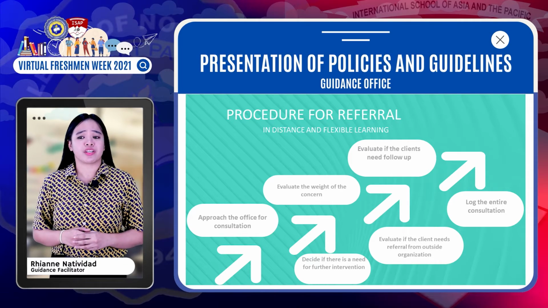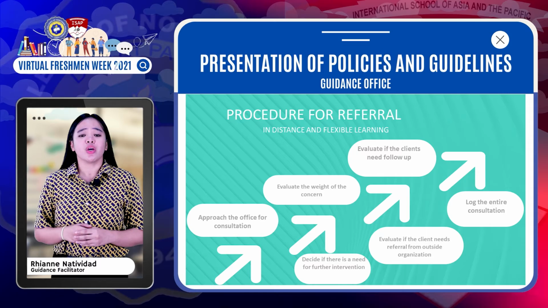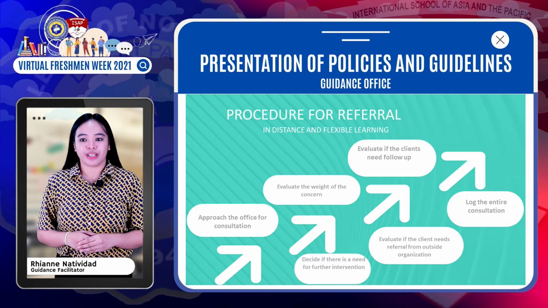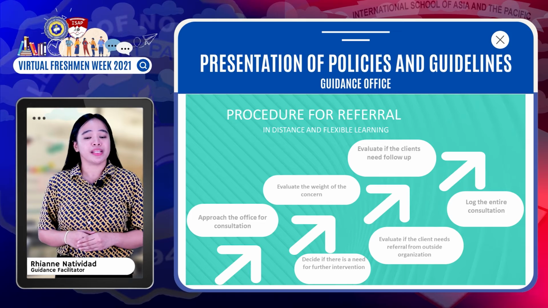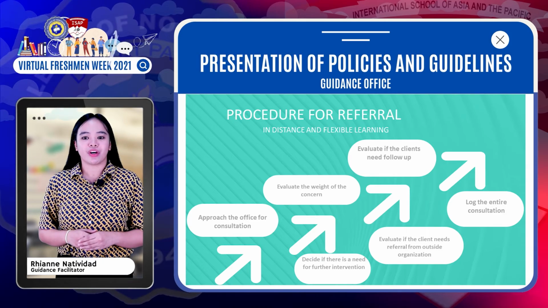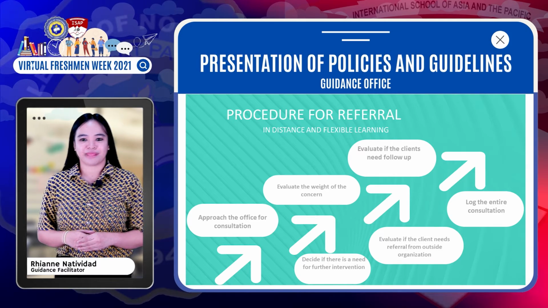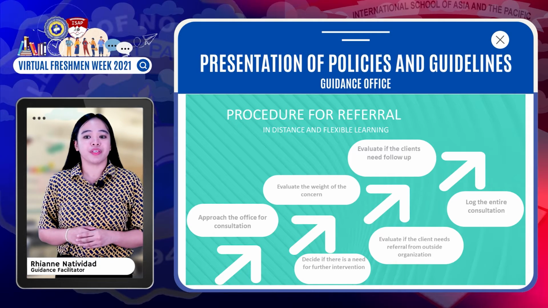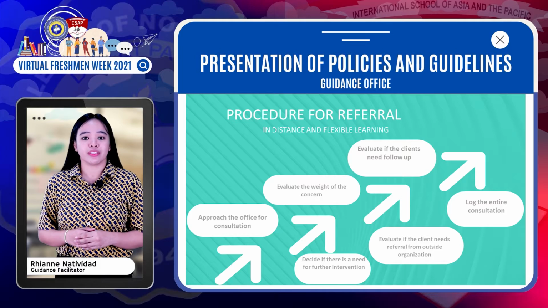Hence, helping professionals from outside organizations will facilitate the intervention needed, will create a report about the case or concern, and will send a copy of the report to the Office of the Guidance Services. Consequently, the guidance personnel will have to keep the report for future reference and log the case or concern in the counseling logbook.